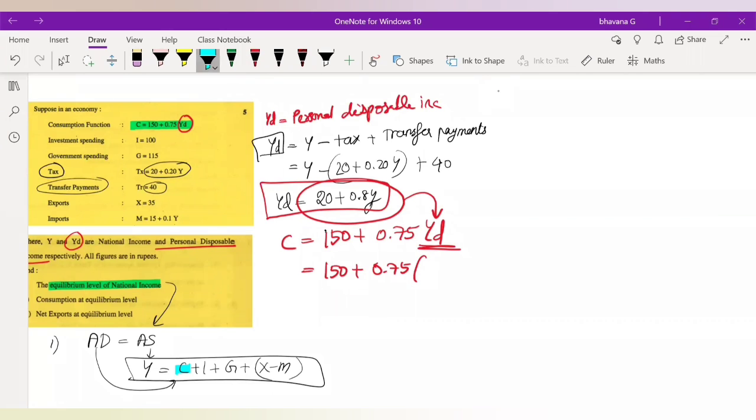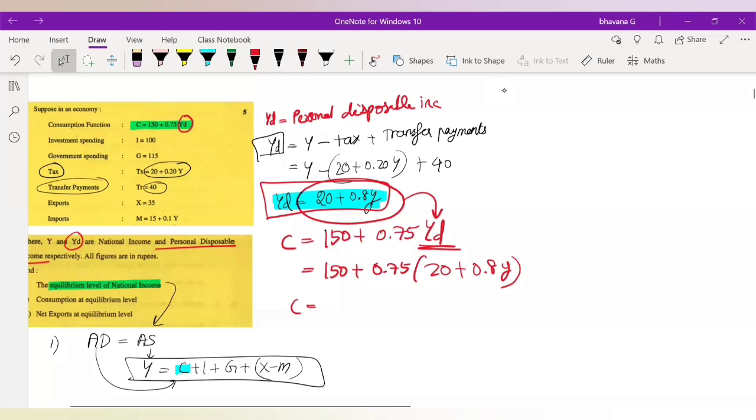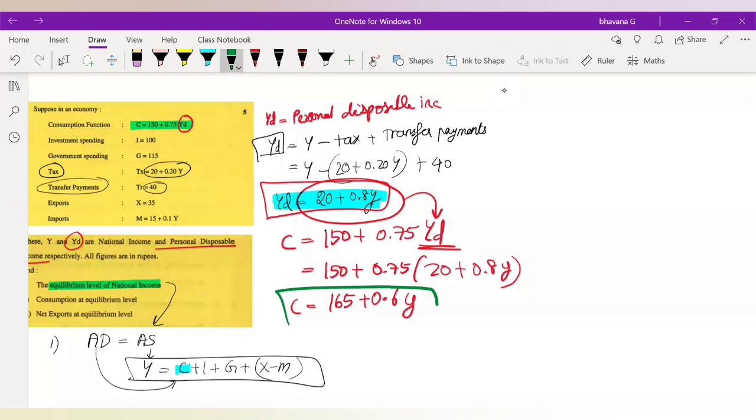Here we have found it, so it is 20 plus 0.8y. Okay, sorry guys. So if you simplify now, your consumption function is going to be 165 plus 0.65y.